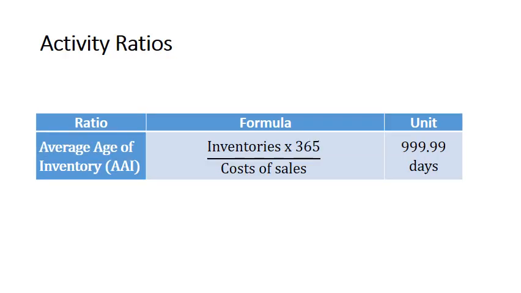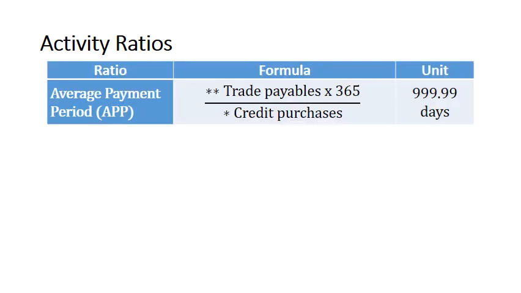Next, we look at activity ratios. Average age of inventory, in short AAI, is inventory times 365 divided by cost of sales. The answers will be given in 99.99 days. Please round off to 2 decimal places. Next, average payment period, APP, equals trade payables times 365 divided by credit purchases.